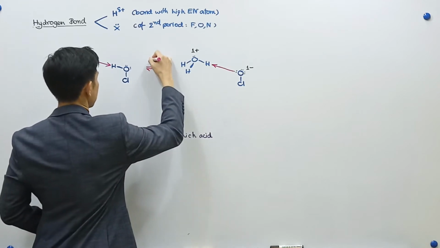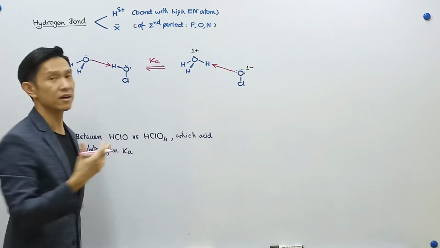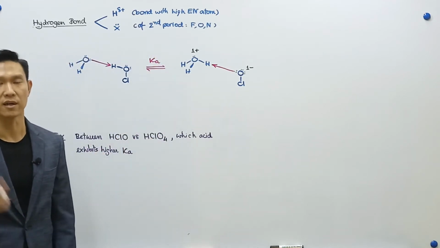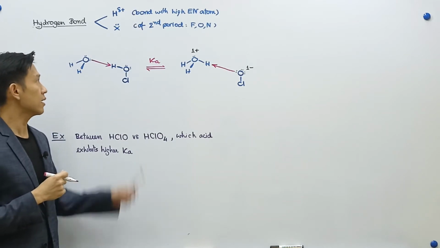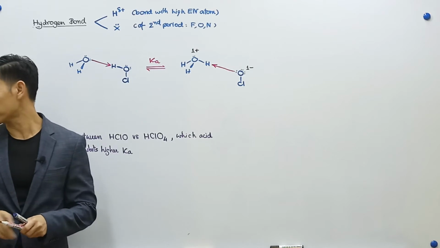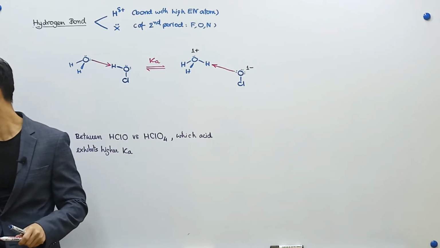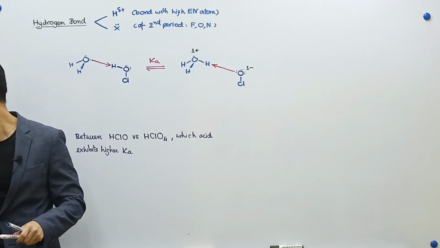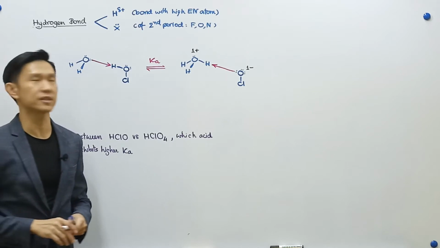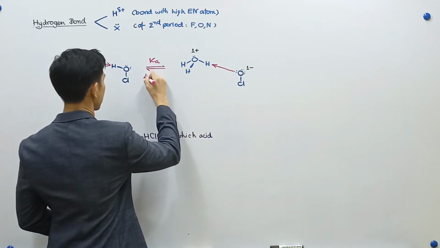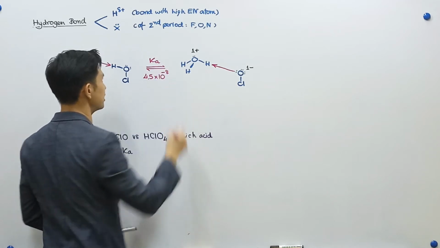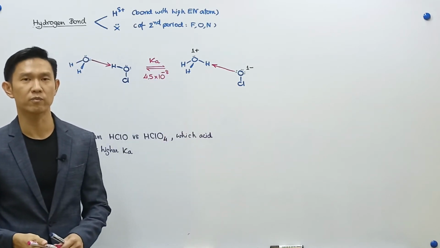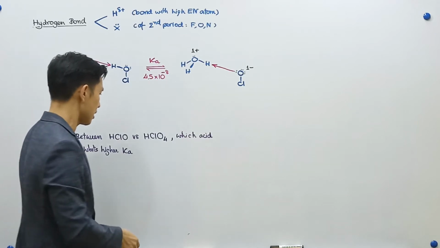Then the Ka of this is higher than the Kw of water. Kw of water is 10 to the minus 14. But for hypochlorous acid, I have the number over here: 4.5 times 10 to the minus 8. So as you can see, it's stronger than the water dissociation.